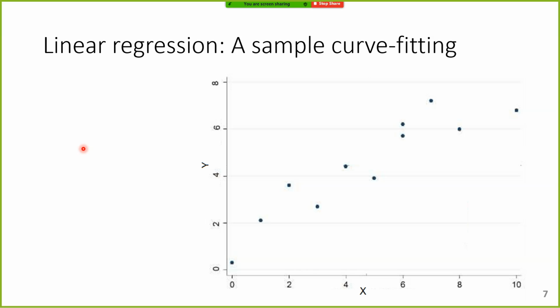For a sample problem, we looked at the linear regression problem, which is nothing but a curve fitting problem. Suppose we have this kind of data where we have some x variable, and there is some y variable corresponding to the x variable. For every x value, we have a corresponding y value.